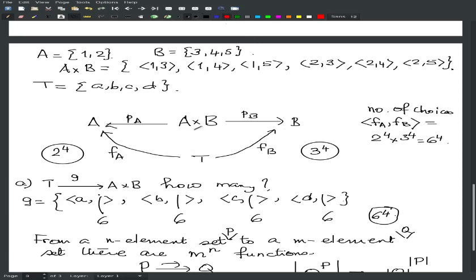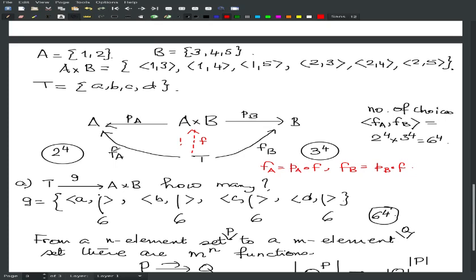Then you can choose a unique function f over here, such that FA is equal to PA composed F and FB is equal to PB composed F. So you can choose one and only one function such that both these equations are true, which we say that this diagram commutes.